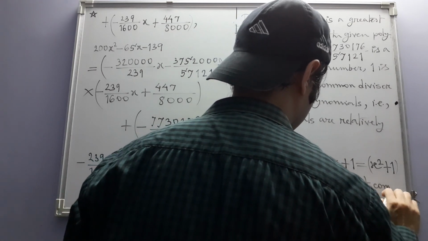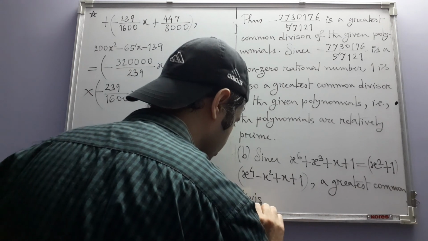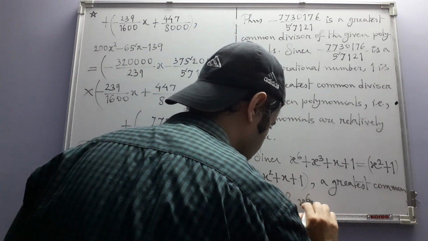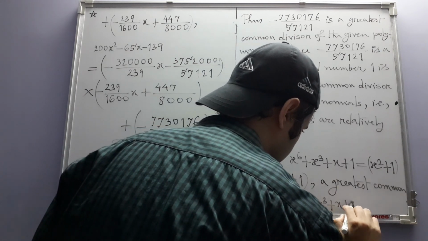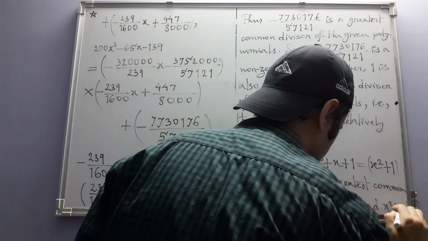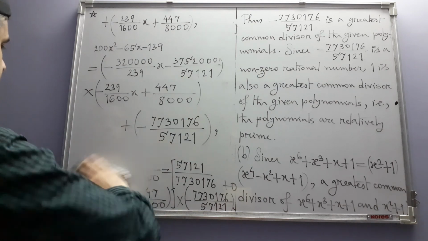So a greatest common divisor of this and x square plus 1 is x square plus 1 itself.